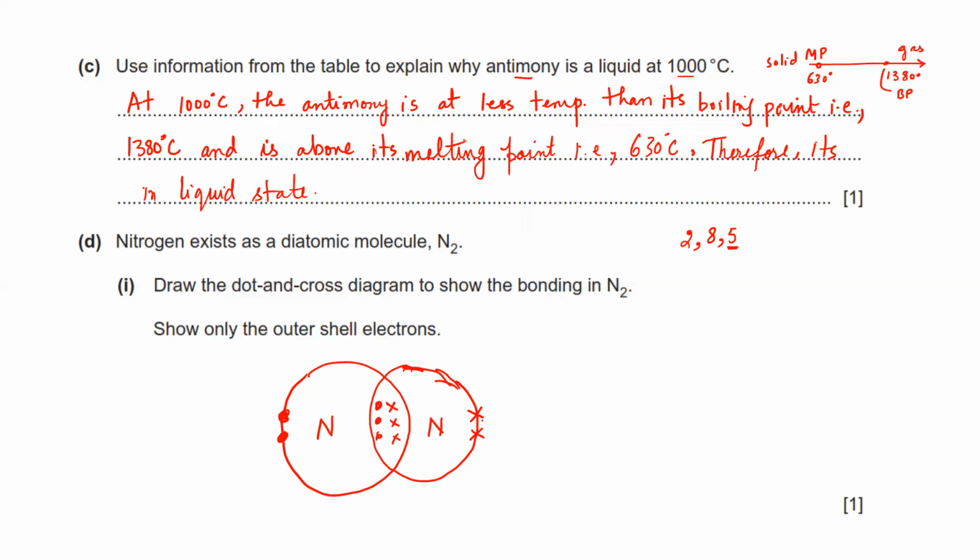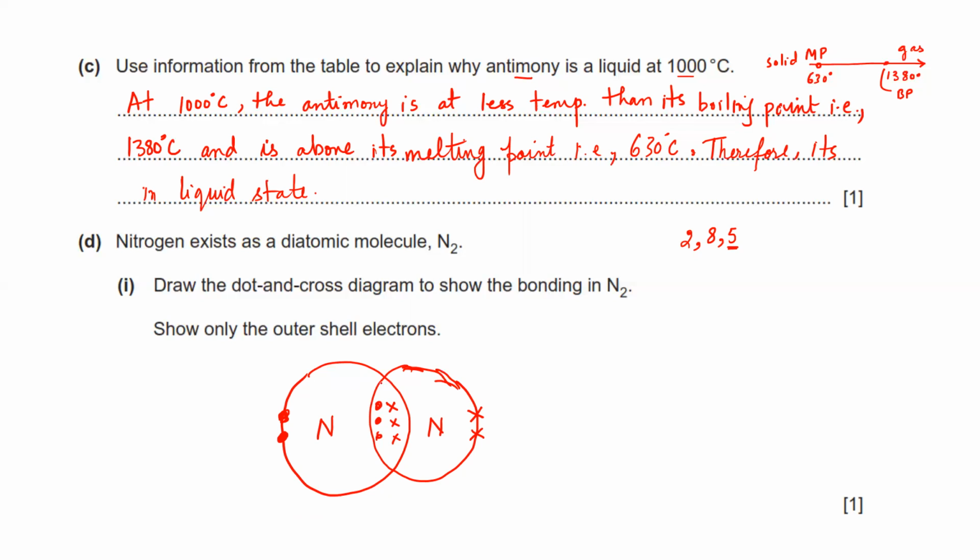Similarly, in this outermost shell, we have 2 of these crosses, then 3 of these crosses are shared with 3 of these dots. So that is a dot and cross model for a diatomic molecule of nitrogen.